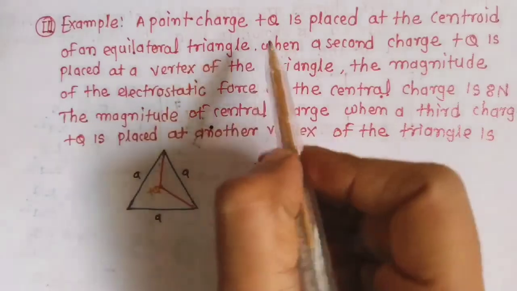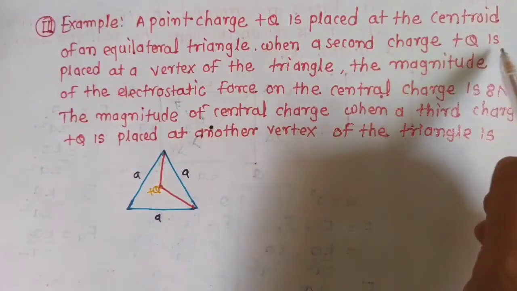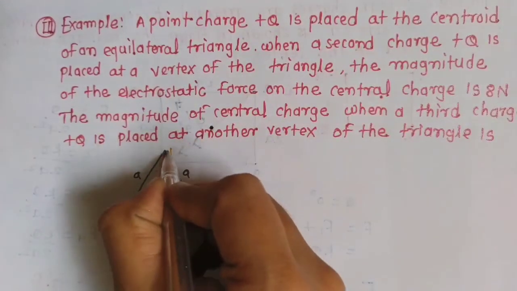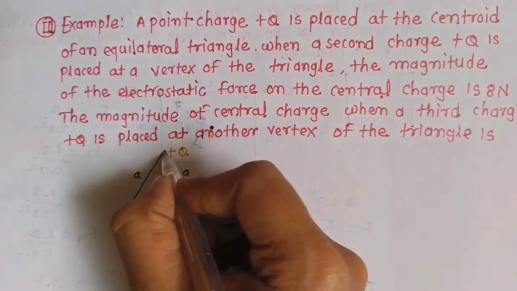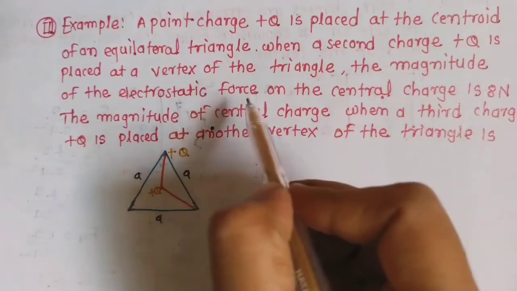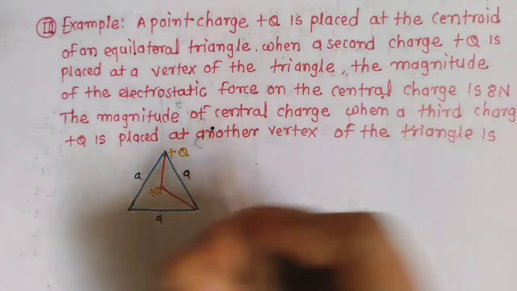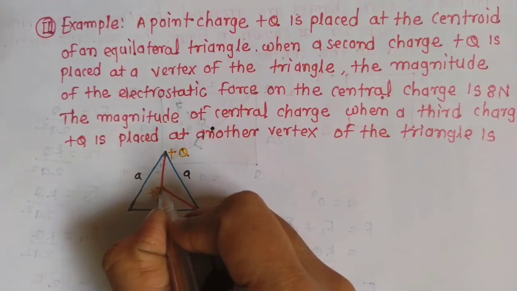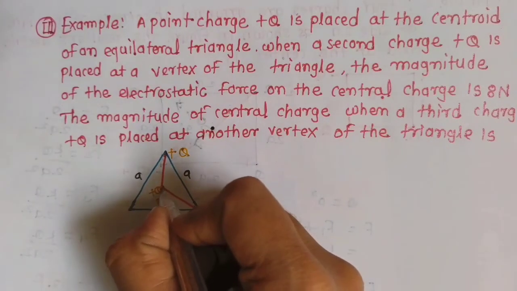When a second charge plus q is placed at a vertex of the triangle, the magnitude of the electrostatic force on the central charge is 8 N, that is 8 Newton on the central charge.